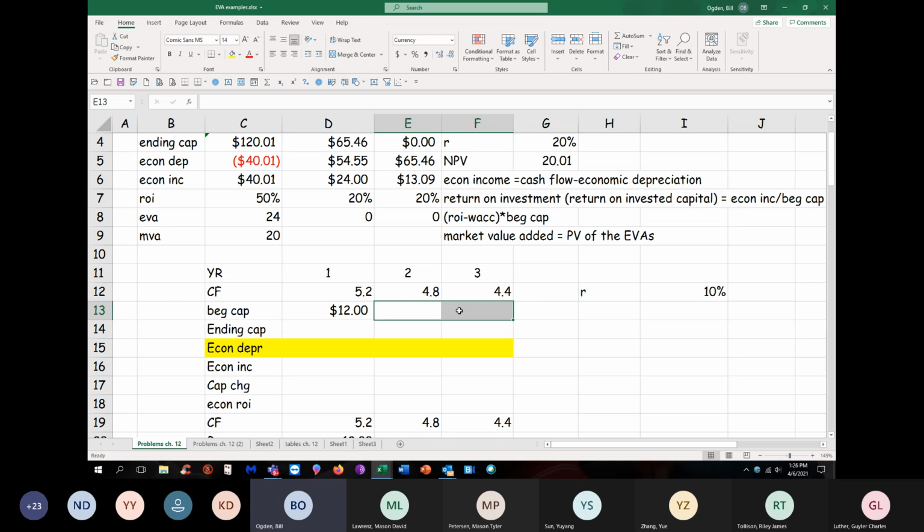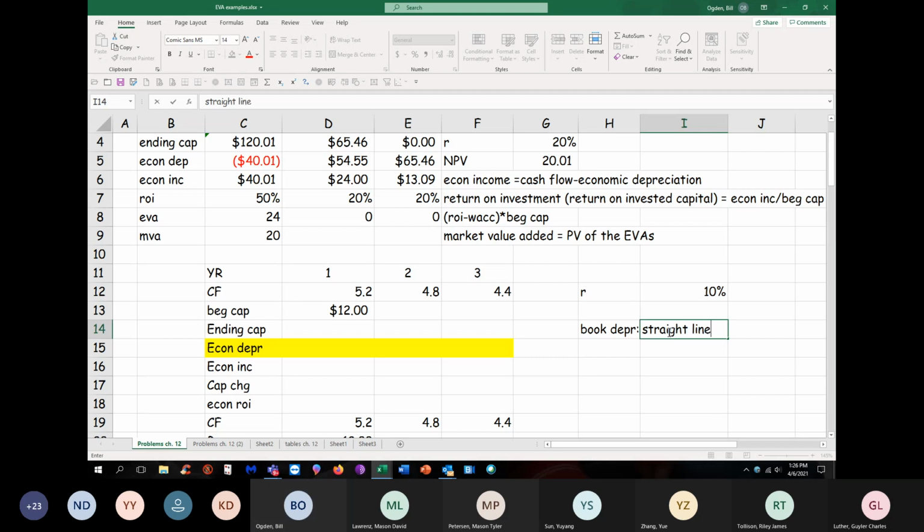Okay, so we're going to say the beginning cap is 12, and we will have economic depreciation, but let's also set up book depreciation. And we'll use straight line and a salvage of 0.